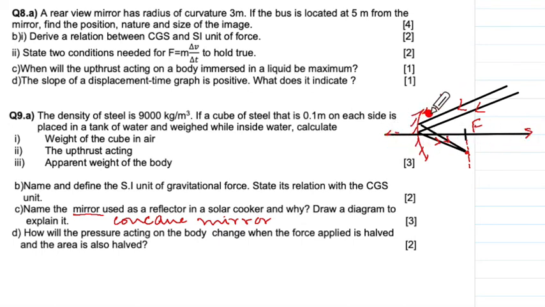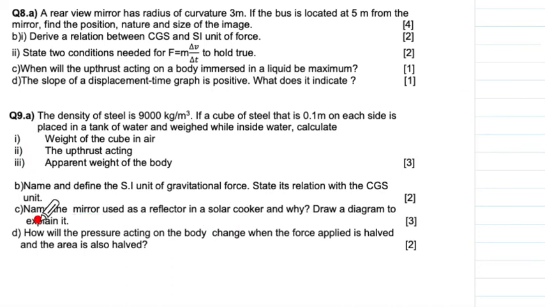Then we show this as the concave mirror. This is the incident ray. These are the reflected rays. And this is the image of the sun. And this is where we'll have to place our food in order to cook. Because not just the light radiations will get concentrated, but also heat radiations will get concentrated.